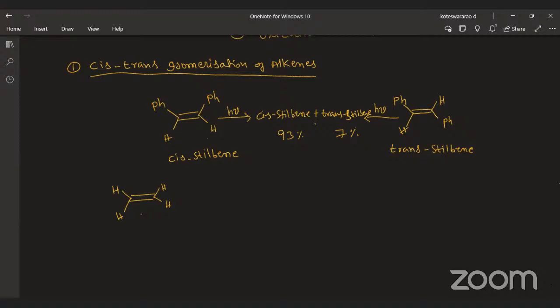If anything is happening in the reaction, it first generates the π to π star singlet state. For generating it, you need 180 to 210 nanometers for the non-conjugated olefins.